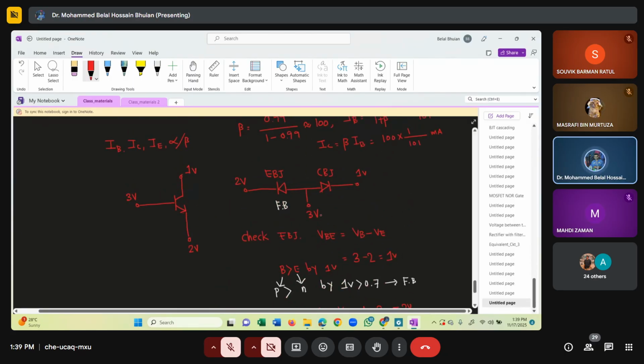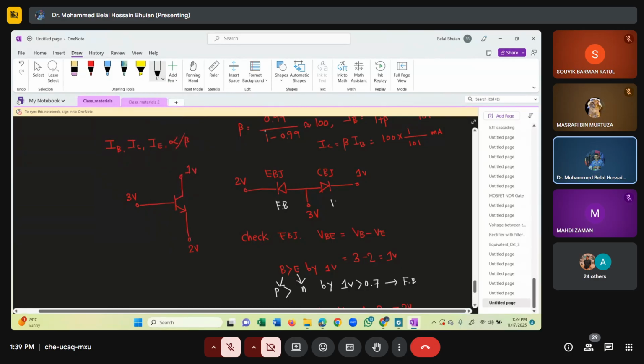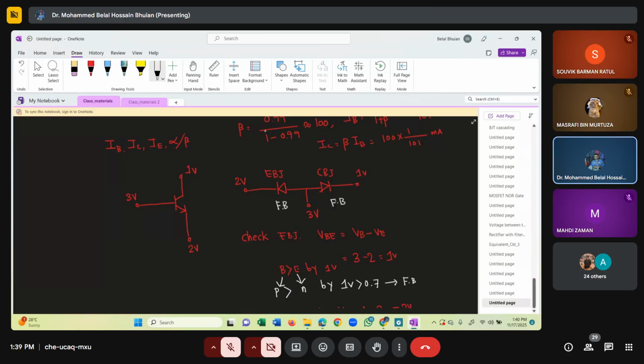So EBJ is forward bias, and CBJ is also forward bias. So which region is it working in? The BJT is operating in the saturation region.